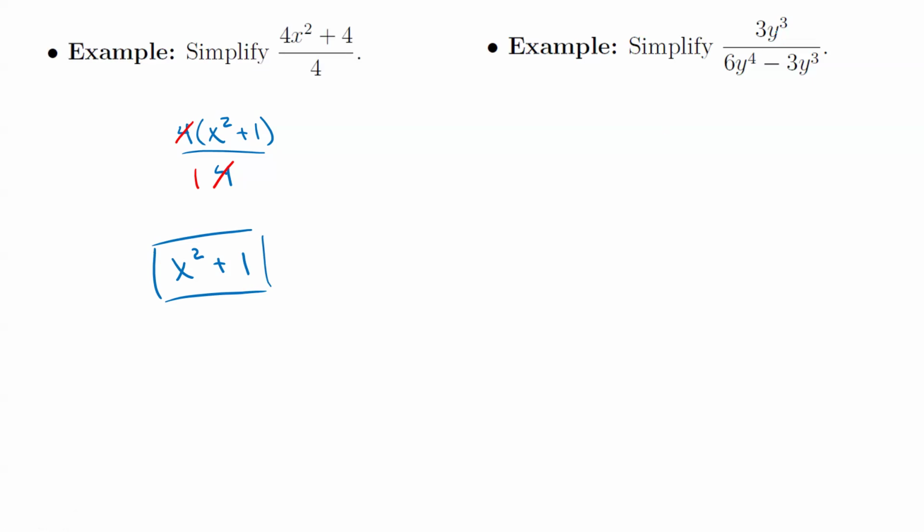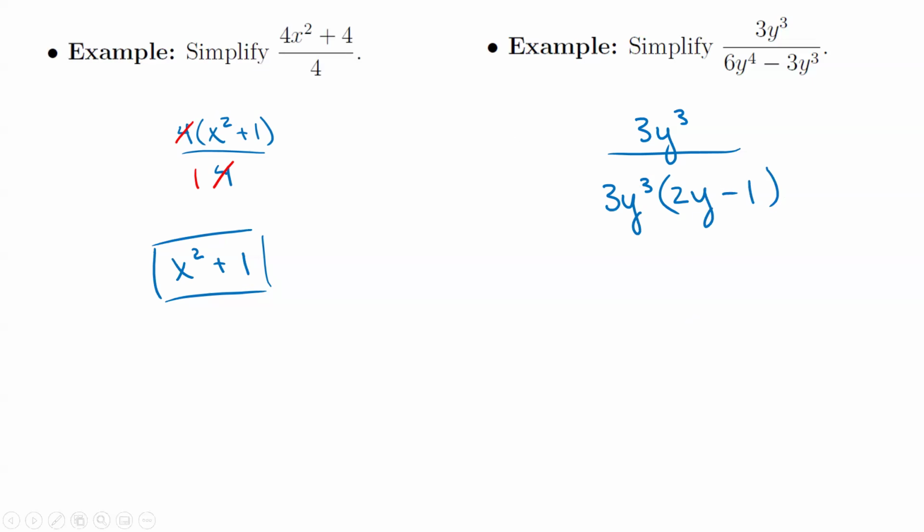In the second one here, there's only a single term on top, so no factoring necessary there. But with these two terms, I want to look and see, is there something I can factor out of both terms? Numerically, I can factor a 3 out, and in terms of variables, I can factor a y cubed out. So 3 times 2 is 6, and y cubed times y is y to the fourth, and then minus 1.